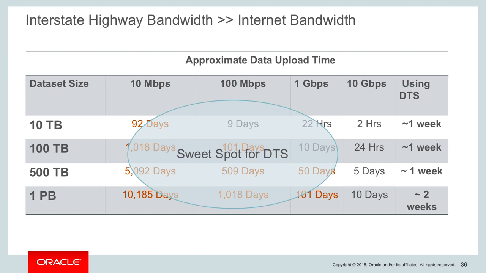So here's the sweet spot for data transfer services: all customers that have links under 100 megabits per second and need to send a huge amount of data to the cloud. That's where the data transfer service will be a really great fit.